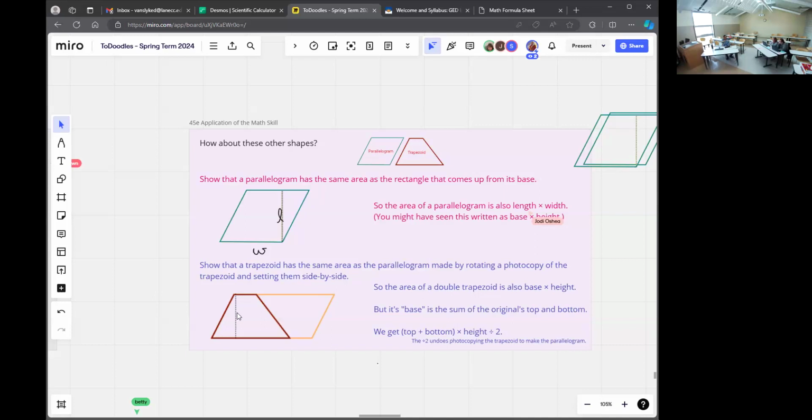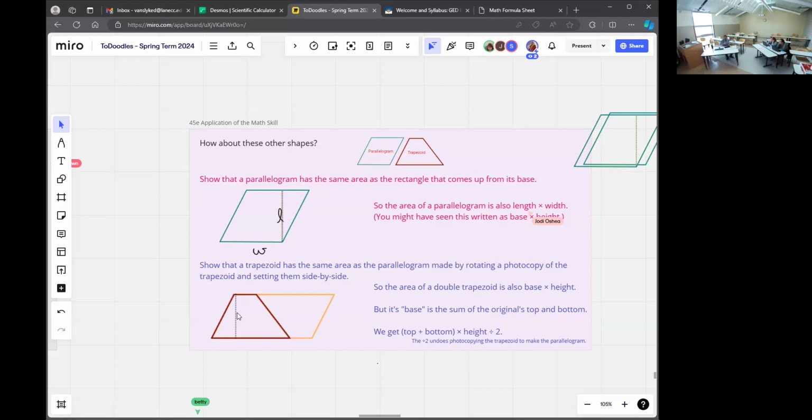So I need a different trick. My other trick is I'm going to photocopy this shape, and then one of them I flip over. When I put them together, now I have a parallelogram. Doesn't matter which way I do it. Cool, so I can turn a trapezoid into a parallelogram.